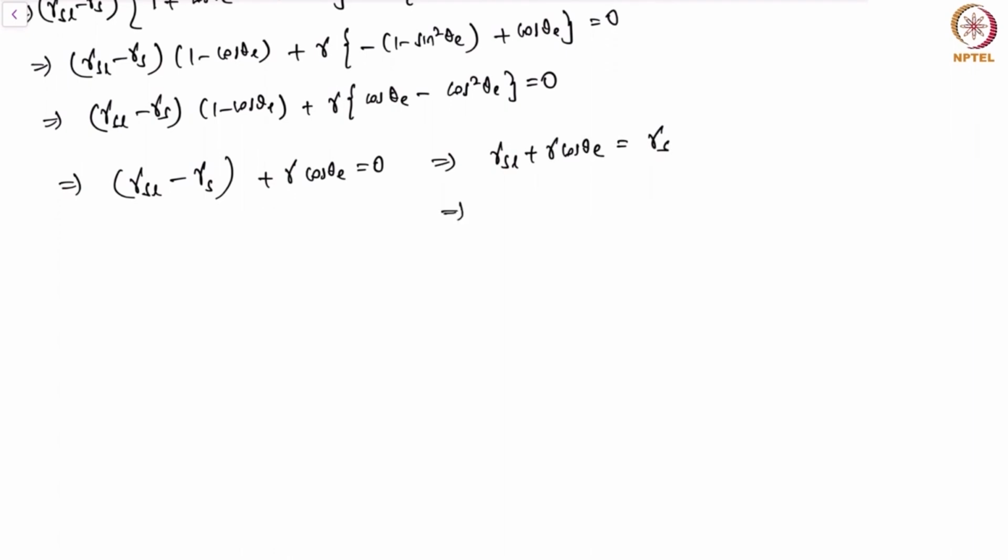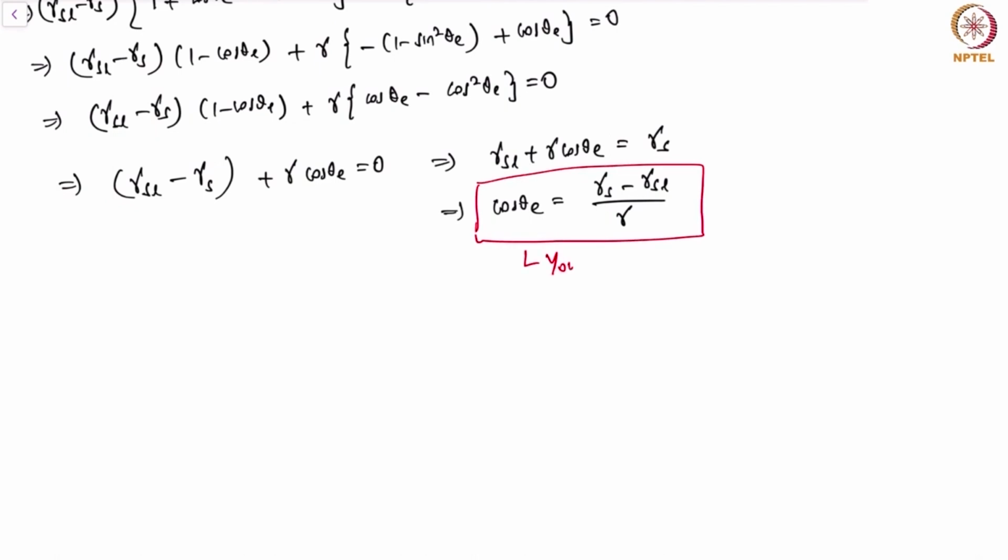Sometimes people also write this as the cosine of theta e tells me the relationship between the surface energies, that is gamma S minus gamma SL by gamma tells me the cosine of the angle. So this equation is referred to as the Young's equation.